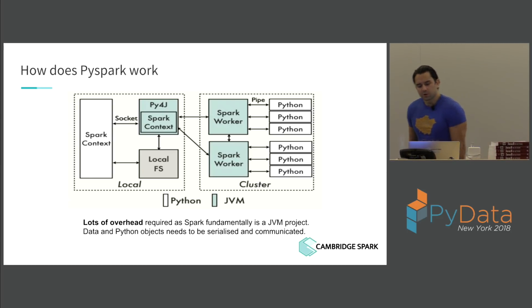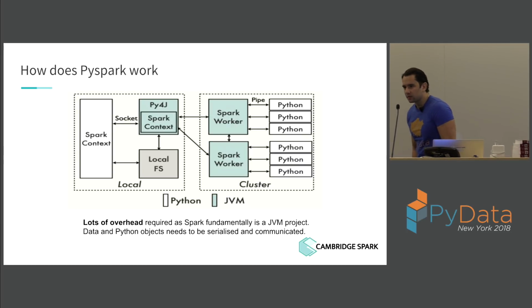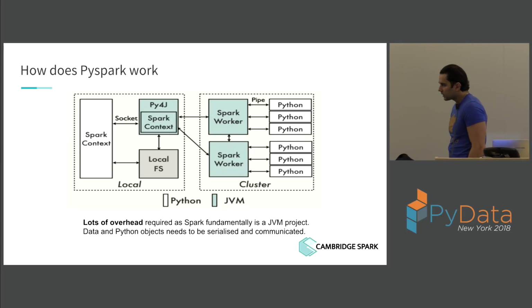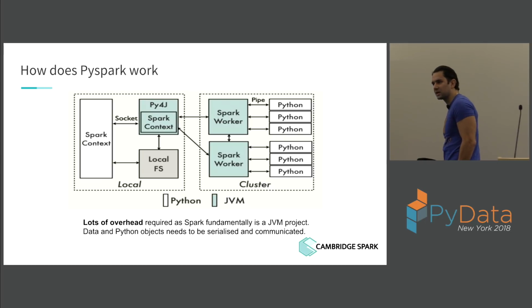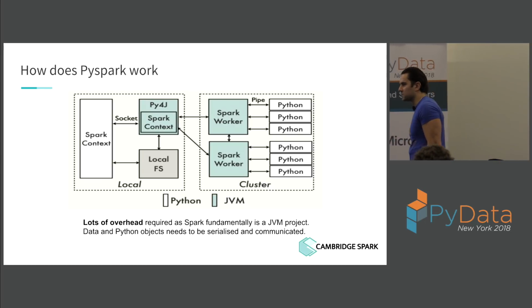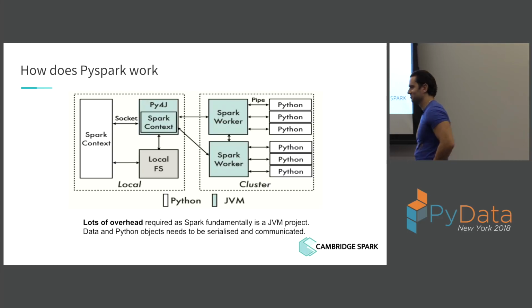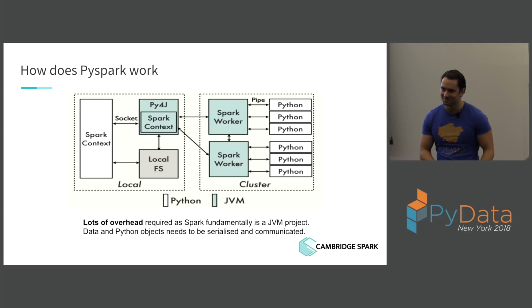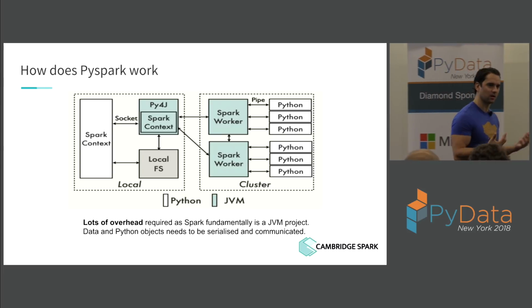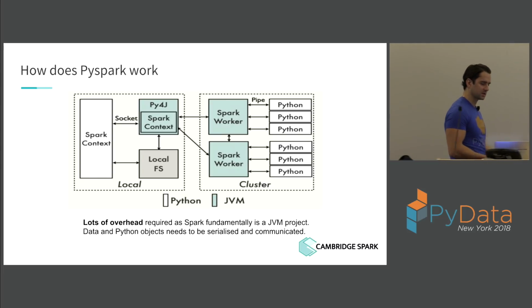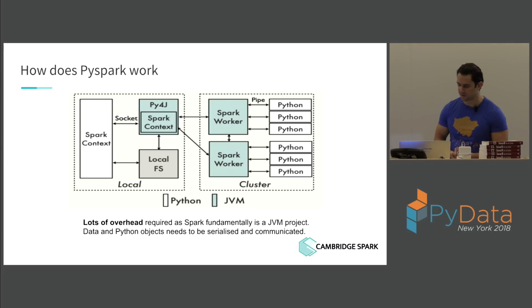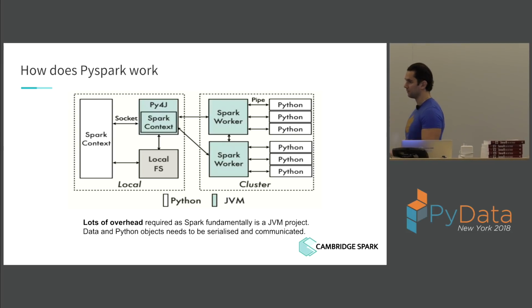Now, I just want to spend a bit of time on PySpark and put a big caveat. We're using Python. Do not expect the same performance as using the Java API, because there's a ton of wrappers and things that are happening under the hood. As I said, Spark is a Java project, runs on the JVM, right?